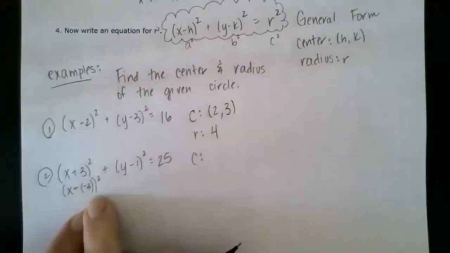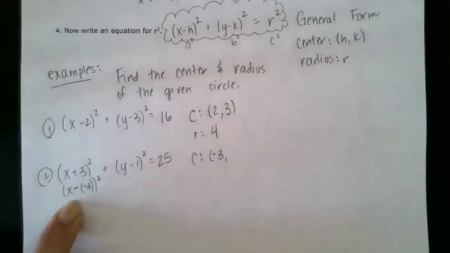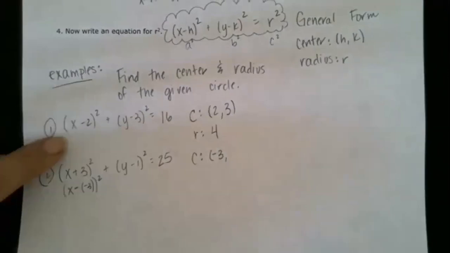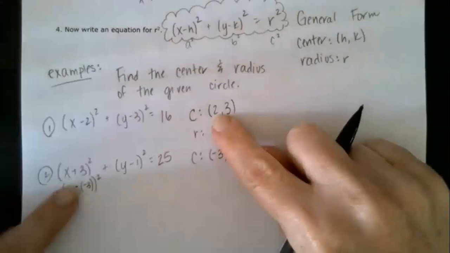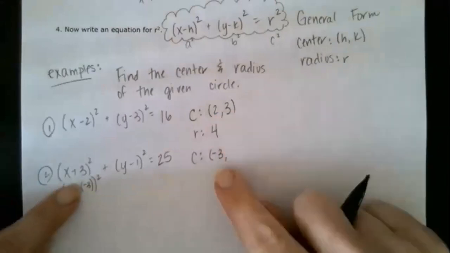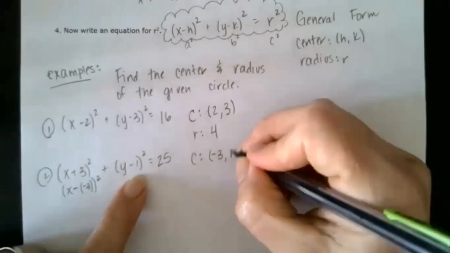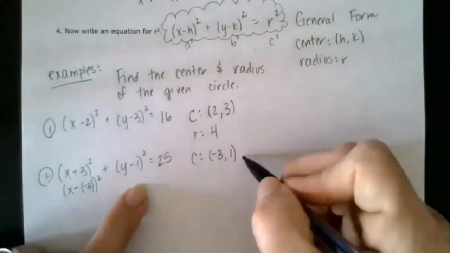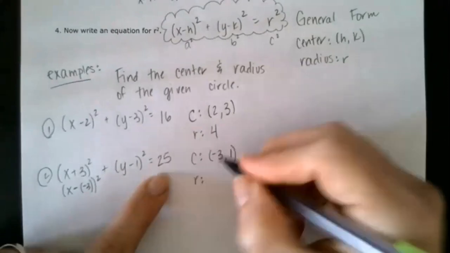So I can see that the x coordinate of the center is a negative 3. You don't have to do that every time, just change the sign. If you have an x plus, then you're going to have a negative value. If you have an x minus, you're going to have a positive value. So whatever's in the parenthesis, you're going to change the sign to be part of the center. And then I just use a 1 for the y coordinate. And then my radius is the square root of 25, which is 5.